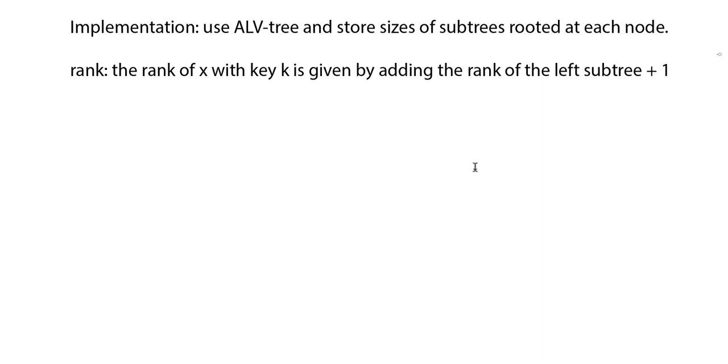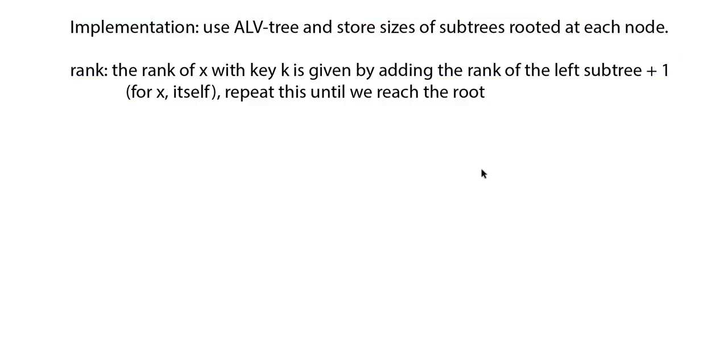And why do we add the 1? Well, we add the 1 for X. And we repeat this until we reach the root. Okay, so this is sort of the idea we have.